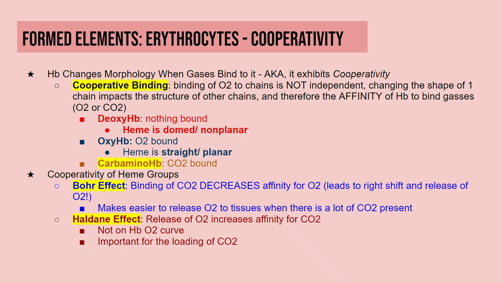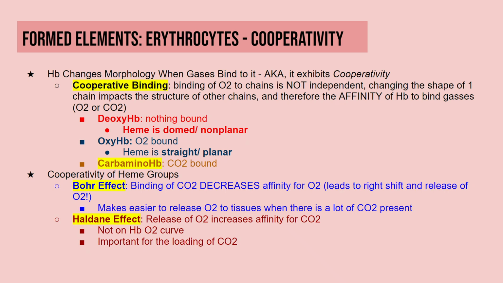When one molecule of oxygen binds to the hemoglobin, it changes the structure of the other chains and allows more oxygen to bind to it. So it's not like a linear graph, you could say. If one molecule of oxygen binds, then the other molecules of oxygen are going to bind easier, which is what cooperative binding is.